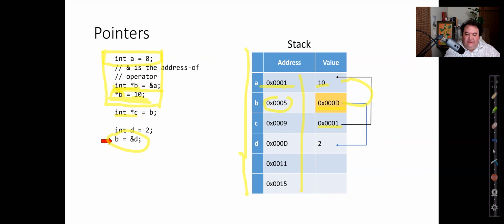Now B has been redirected to point to the location of D. And so here you can see how we can have this manipulation of pointers.